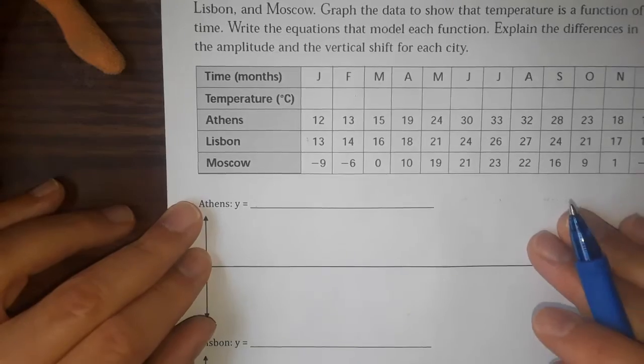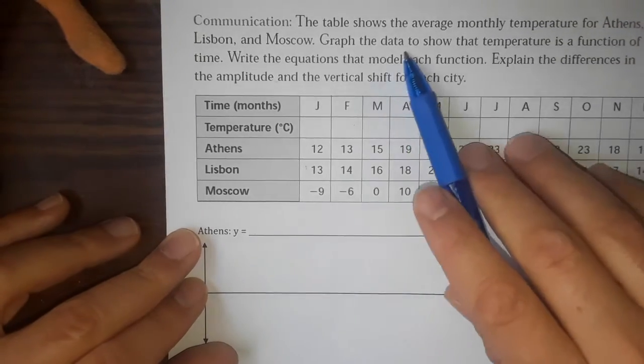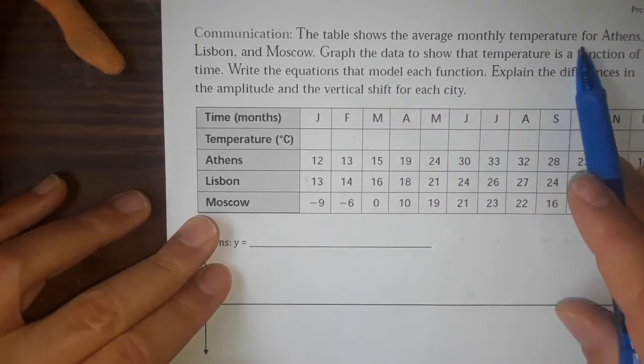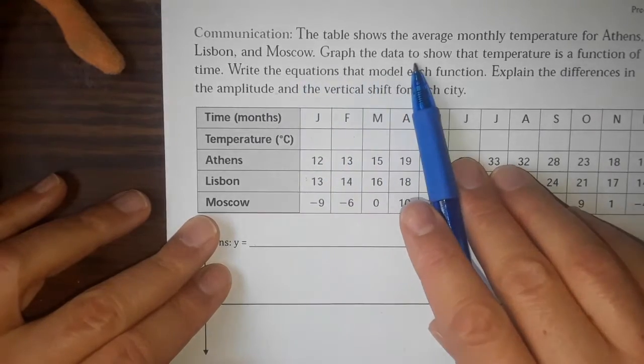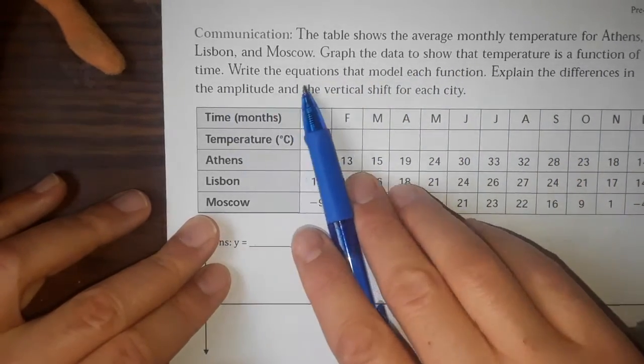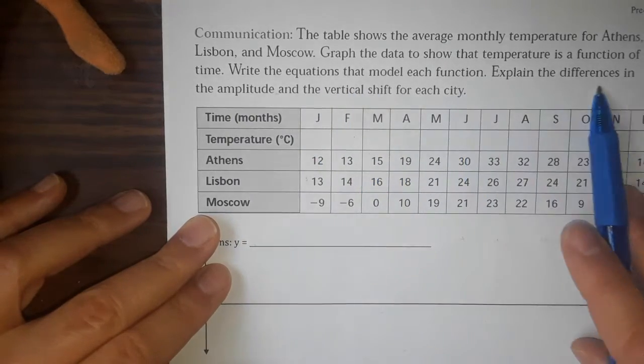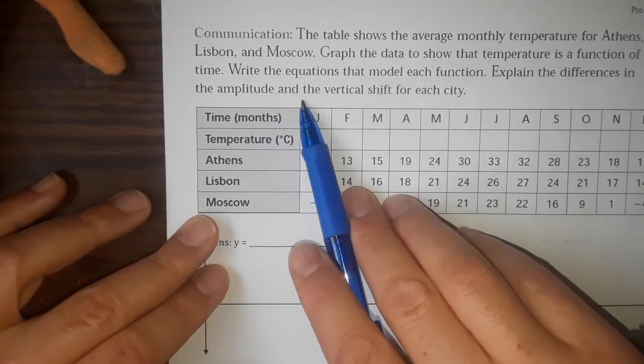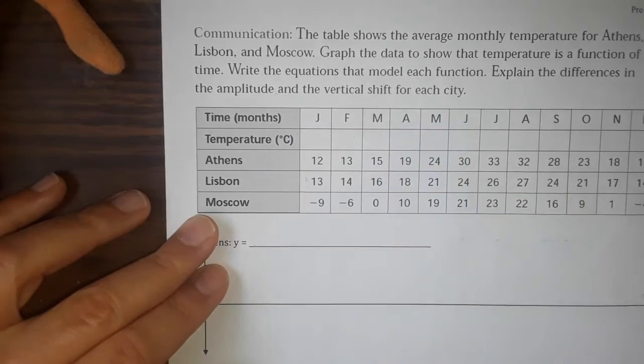The table shows the average monthly temperature for Athens, Lisbon, and Moscow. Graph the data to show that temperature is a function of time. Write the equations that model each function. Explain the differences in the amplitude and the vertical shift for each city.